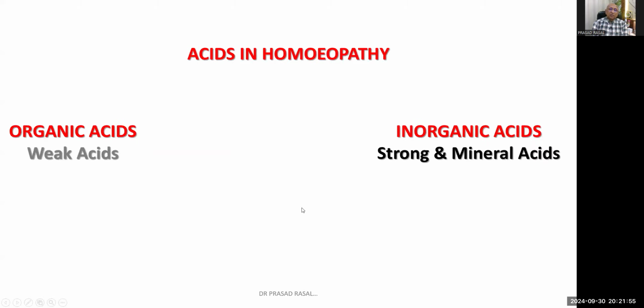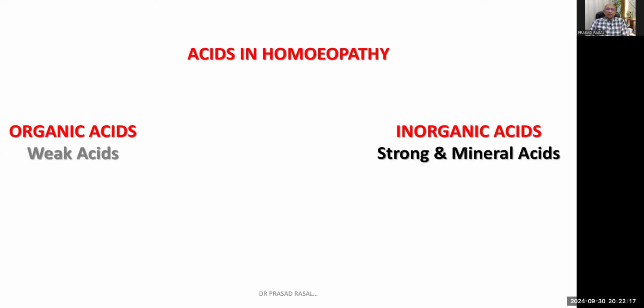In homeopathy, acids are divided into two parts, organic acids and inorganic acids. Organic acids are always weak acids because during a reduction process, these acids lose their electrons and become weak.